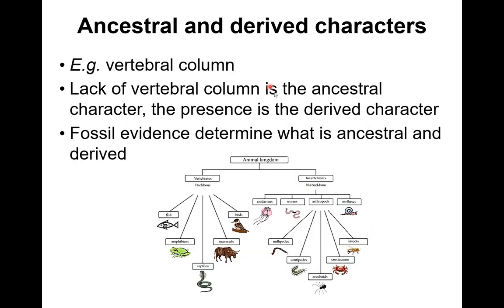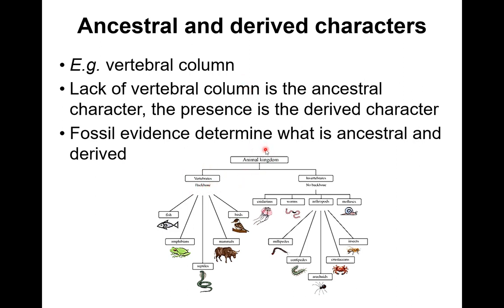So one example, talking about the vertebral column. Now there are organisms, vertebrates, that have it, and organisms that do not have it, invertebrates, such as jellyfish, whatever, or insects, and so on. Which one came first, right? How do we know that invertebrates actually came first, and therefore the lack of vertebral column was the ancestral character, and the presence is the derived character?